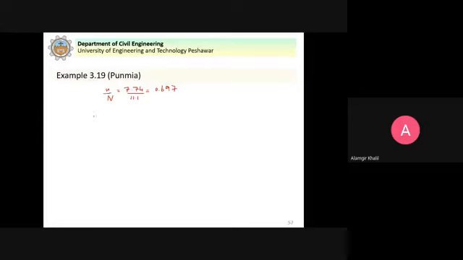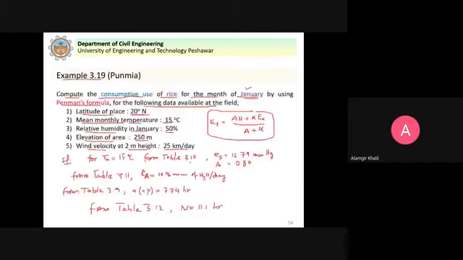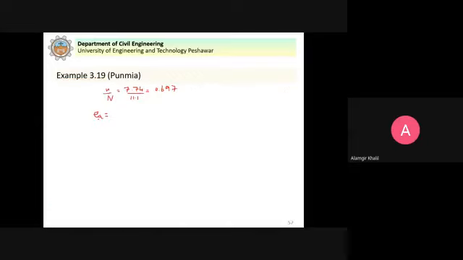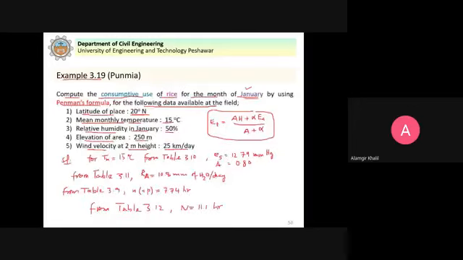Next we can calculate this EA, the actual vapor pressure. The saturation vapor pressure we have already calculated from this table, 310. We have taken its value 12.79. So the actual vapor pressure will be equal to saturation vapor pressure multiplied by the relative humidity, RH. Now in the question it is given relative humidity in January, that is 50%.